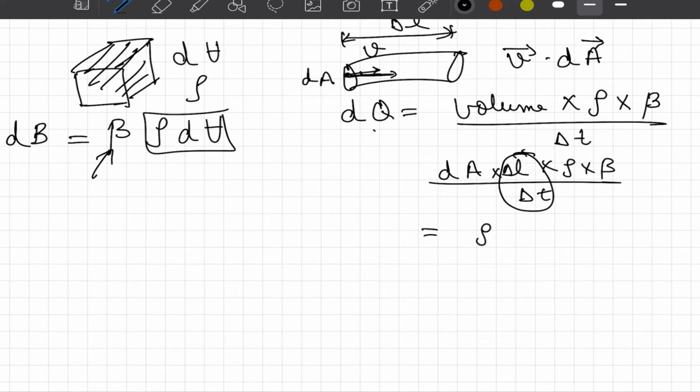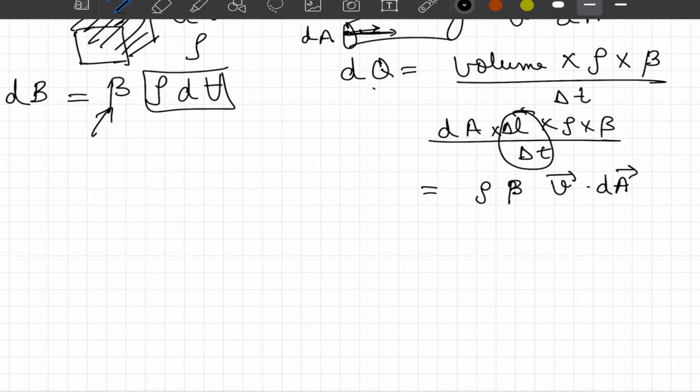So we can write this as rho beta V dot dA. Now, when both V and dA are in the same direction, this product can be easily computed, because if this is our dA, this is our V, we simply know that the dot product is V dA cos theta, and our answer should be straightforward.